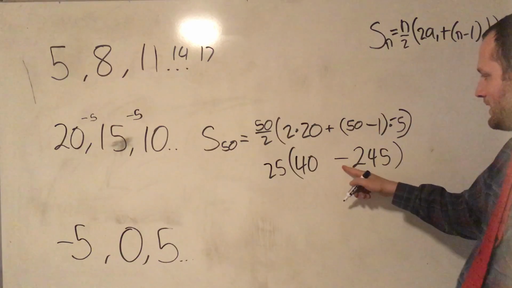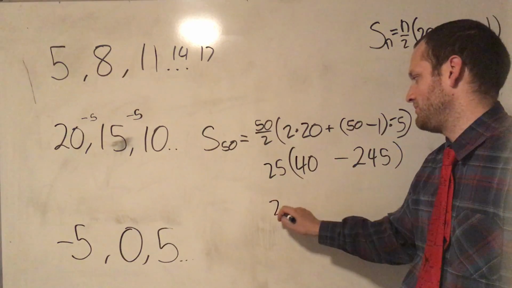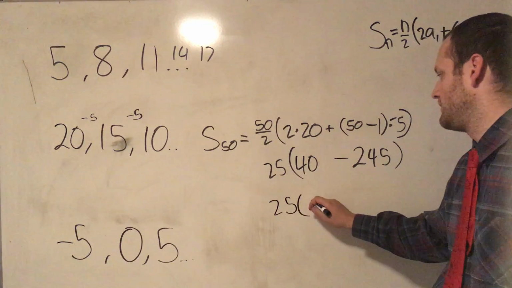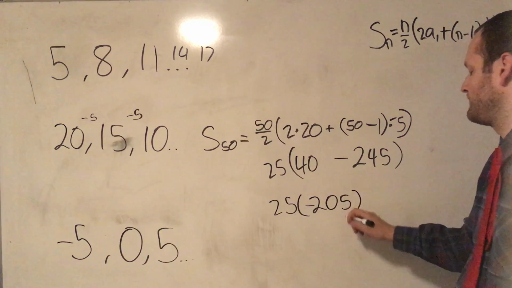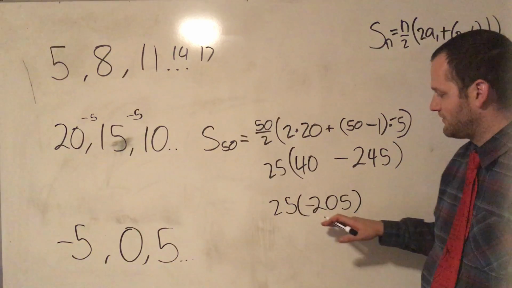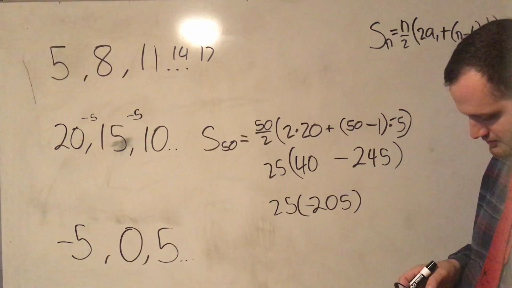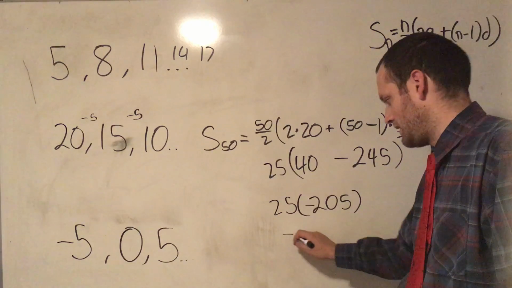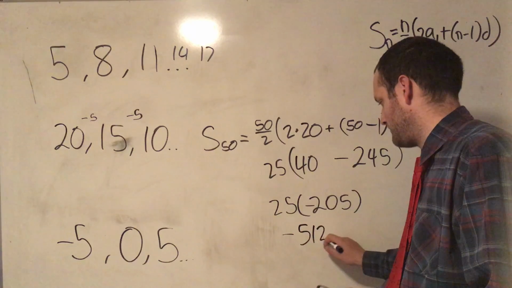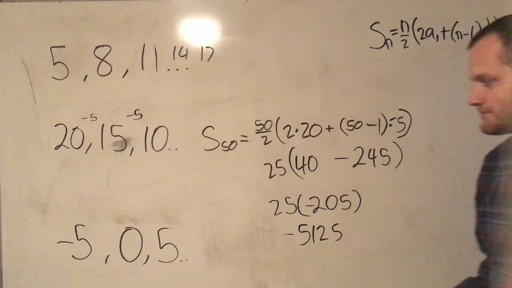Next up, 40 minus 245 gives me 25 times -205. Well, that's going to be a big number. -5,125 would be your answer here.